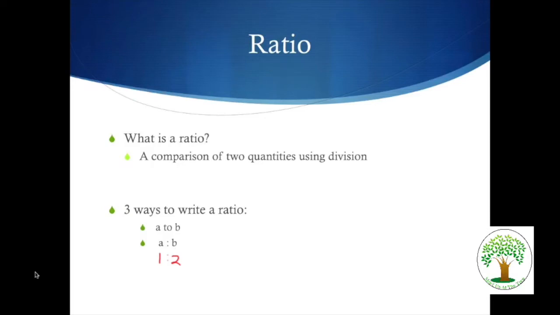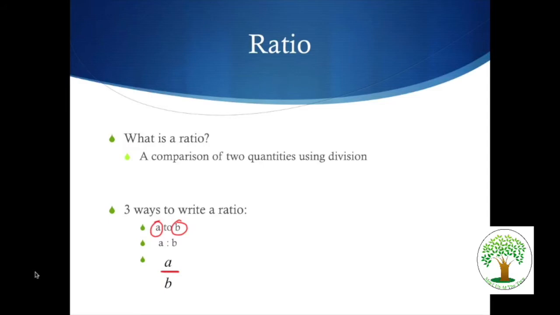Okay? The last way to write a ratio is as a fraction. The line of the fraction is like the word "to." A, the first thing, would go on the top of the fraction, and the B would go on the bottom of the fraction.